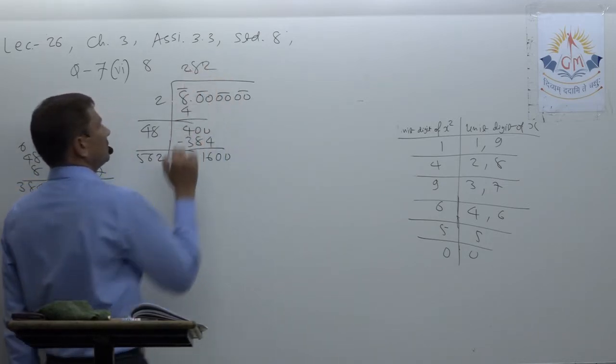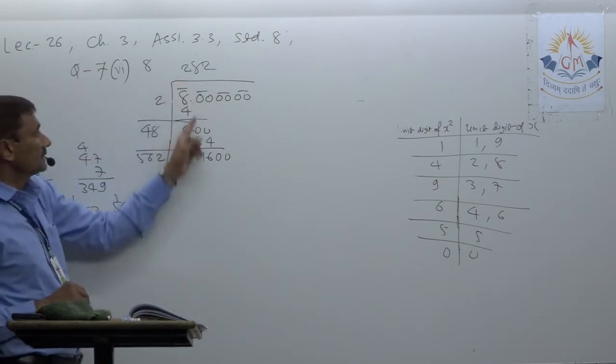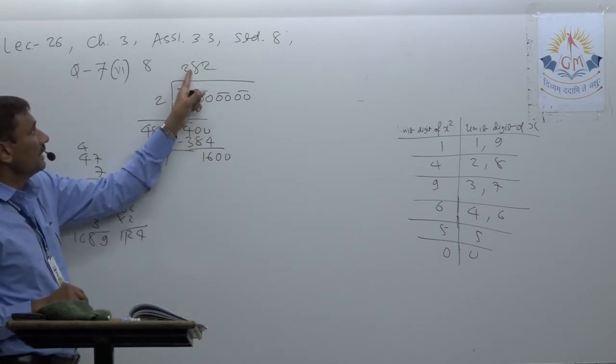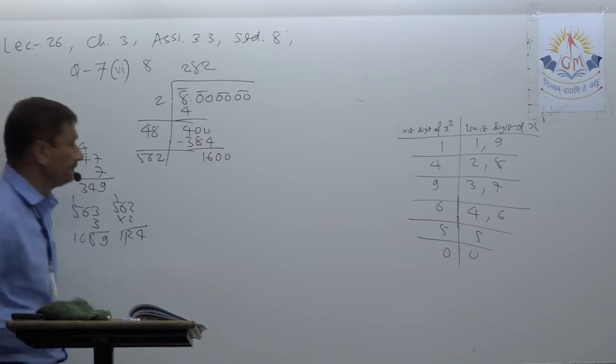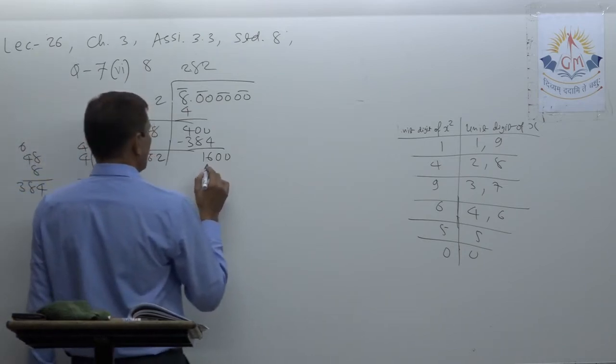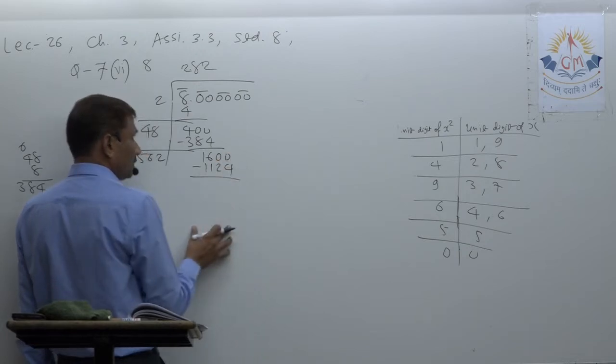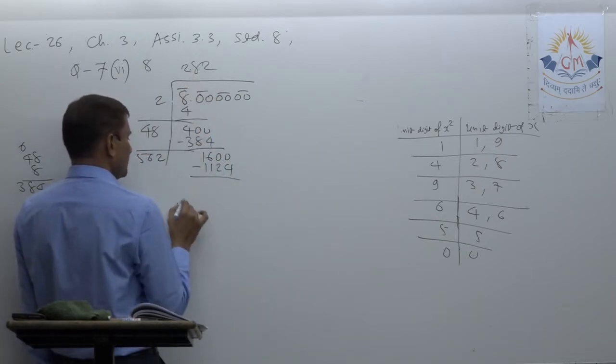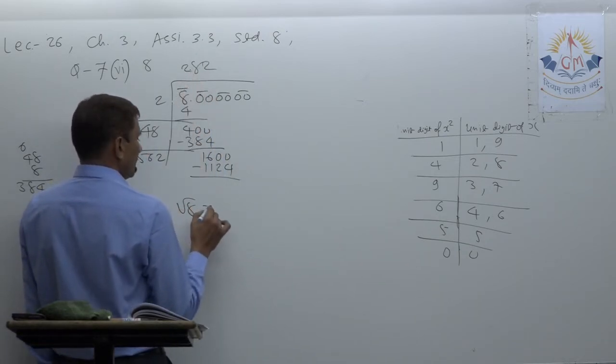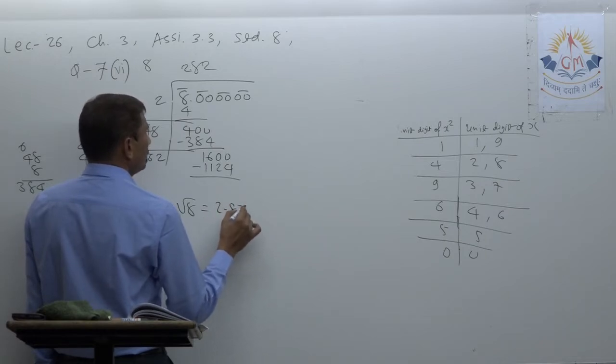Sorry, here it is 2.82 because we just entered the decimal part after one step only. So 1125, but no need to subtract here because we don't want to go ahead. Now the answer is 2.82.